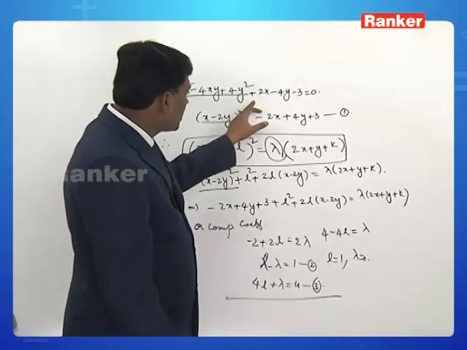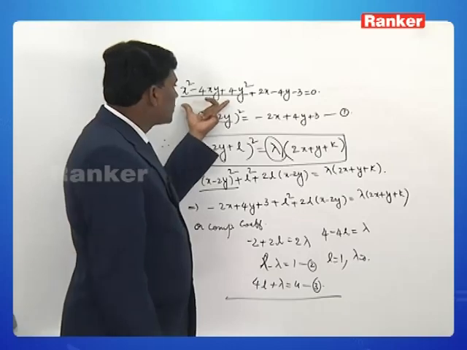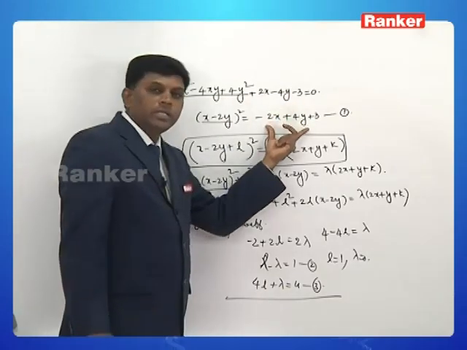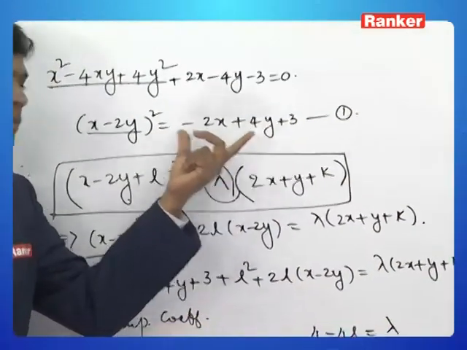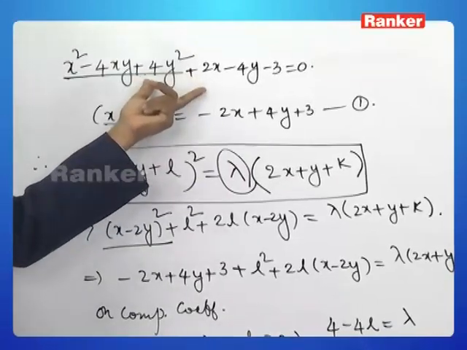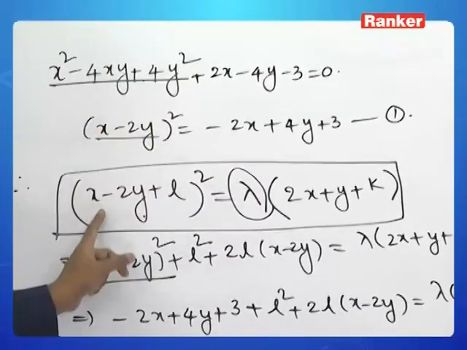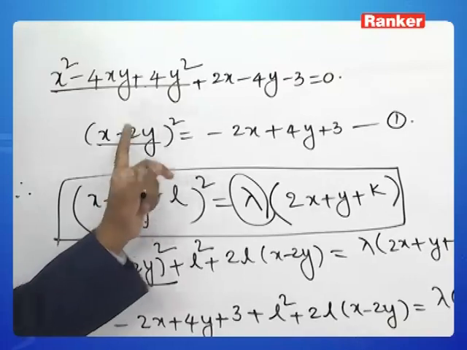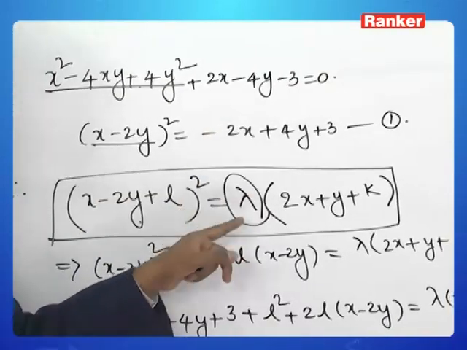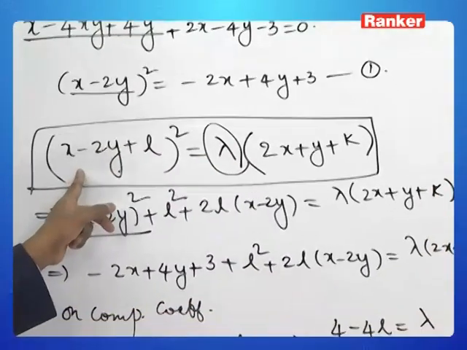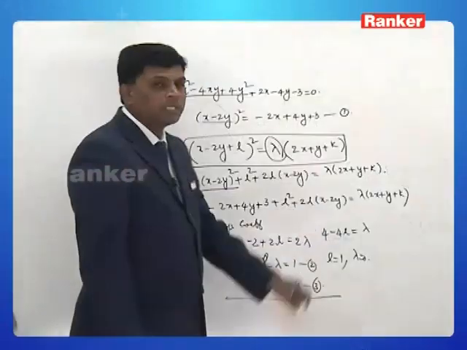If it is representing a parabola, first write the perfect square equal to a linear equation in x and y. Using this, we assume the equation as (x minus 2y plus some L) whole square equals some lambda into its perpendicular line form, 2x plus y plus some k.